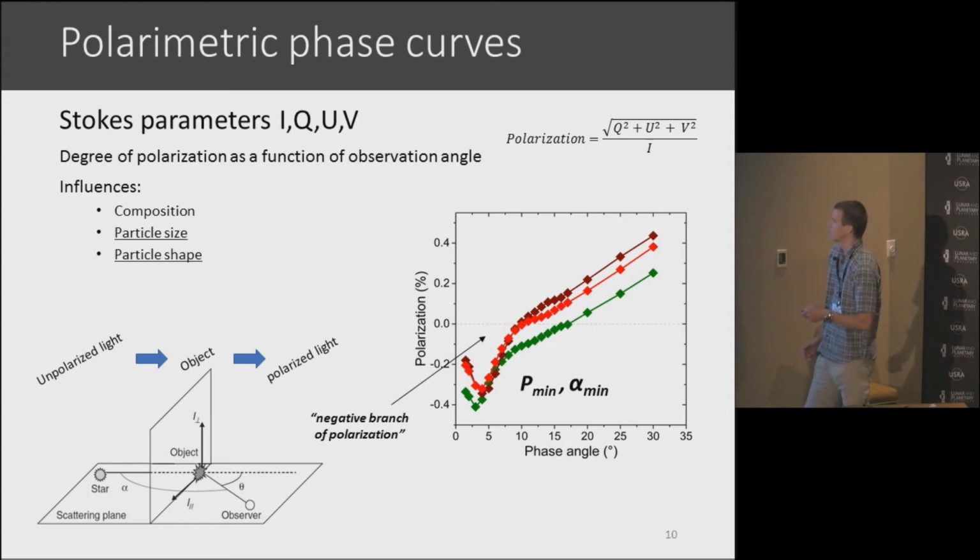And here the negative polarization we see is called the negative branch of polarization. It's like an opposition effect, going in the other direction. We see it very similar, but the opposition effect has its maximum usually at real opposition, and in polarimetric data we see that this maximum usually lies at 2 to 4 degree phase angle.